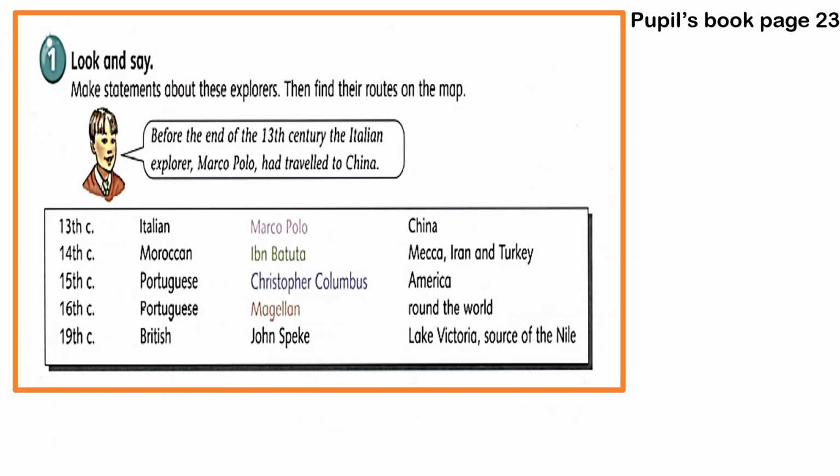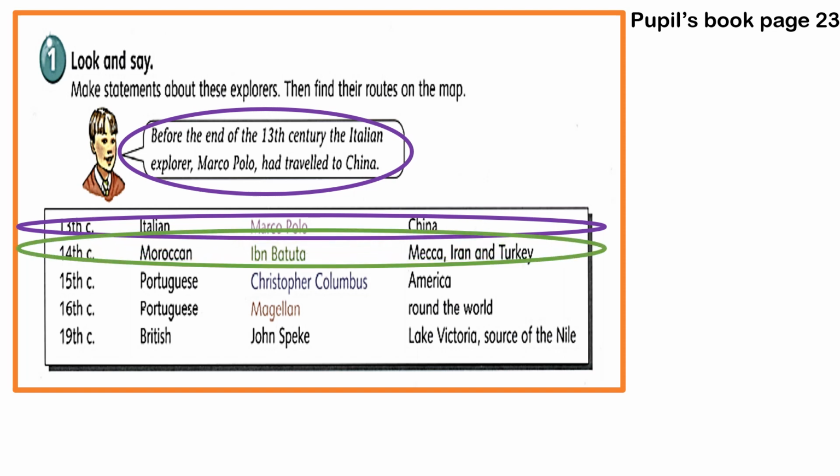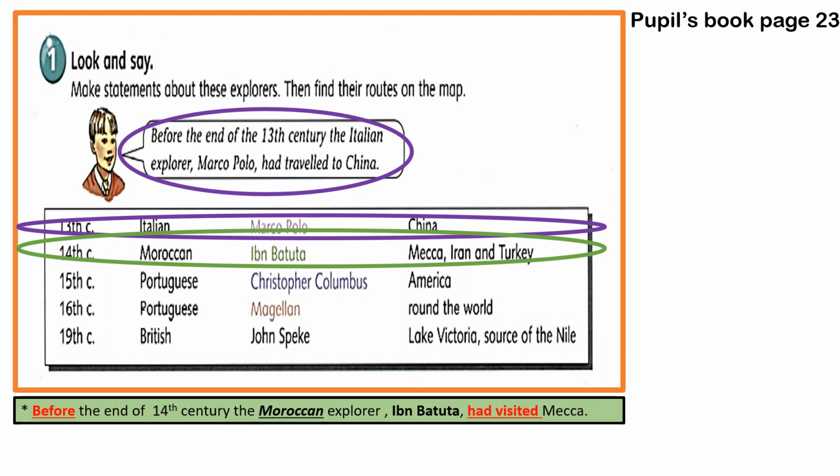Let's make statements about these explorers using past perfect. Let's start. Before the end of the 13th century, the Italian explorer Marco Polo had traveled to China. Another one. Before the end of the 14th century, the Moroccan explorer Ibn Battuta had visited Mecca, Iran, and Turkey.